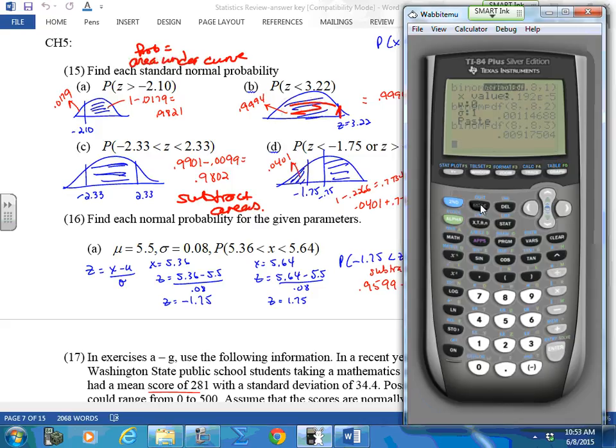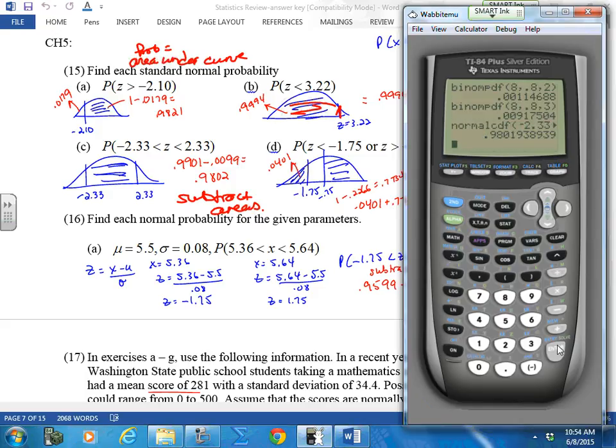Second VARS, normal CDF. My cumulative. Now, if you use a z-score, I'm going to do the in-between one. There's my lower limit. This is my upper limit. I leave the mean and the standard deviation for a standard normal curve, 0 and 1. And I come down and I paste.